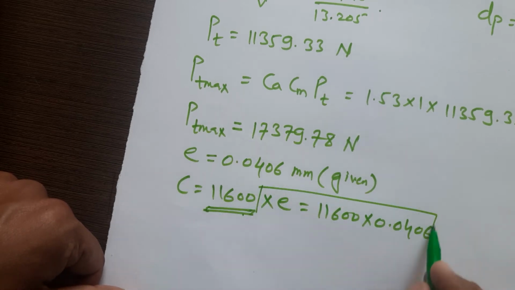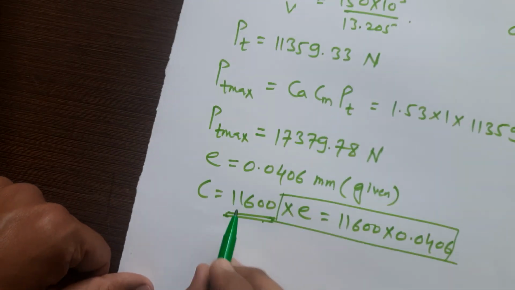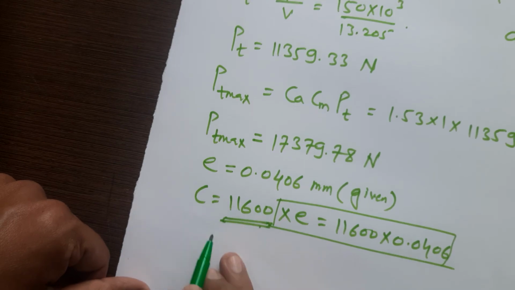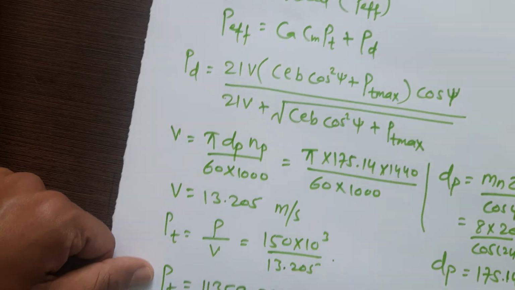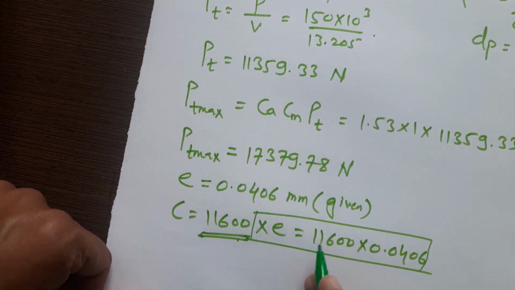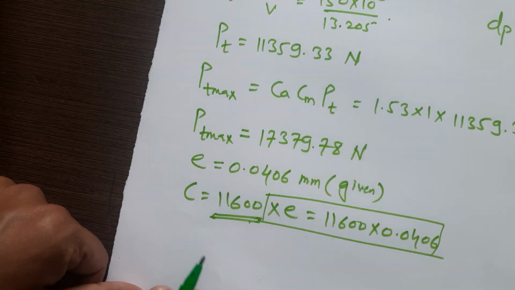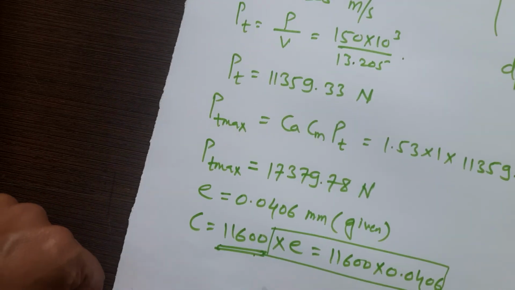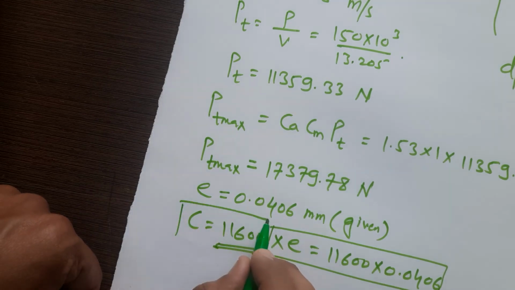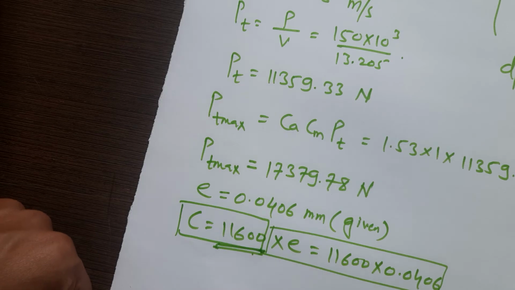Whenever you are multiplying E here, you have to remove this E. Or if you are writing C as 11600, then put 11600 only. Don't multiply it with E here itself. We will substitute the value of C as 11600 in that formula, and E will be substituted in the formula itself.